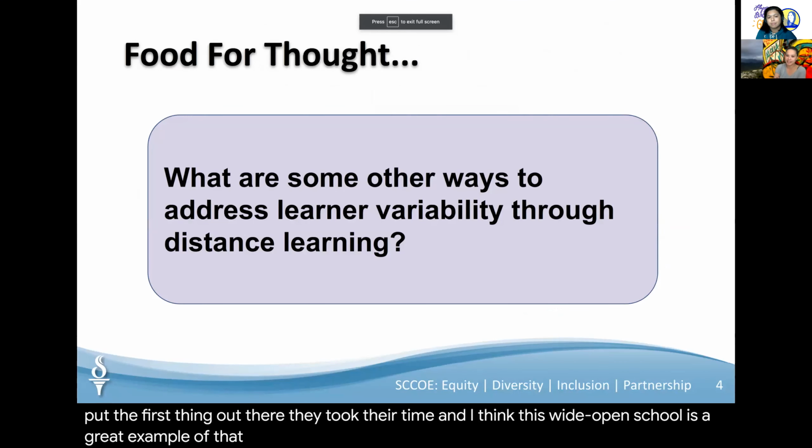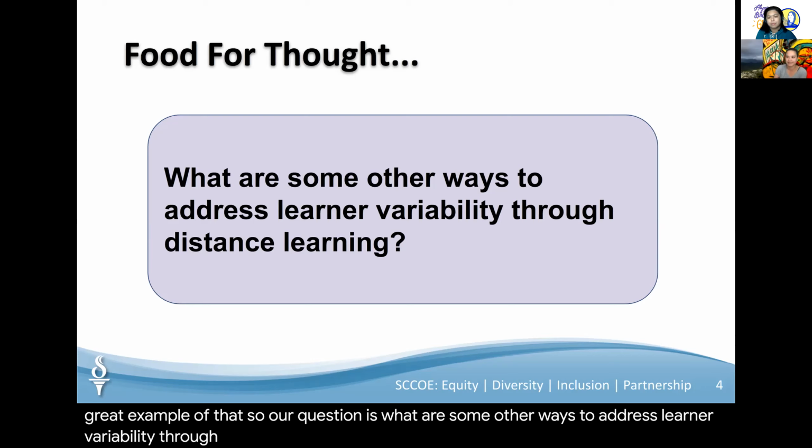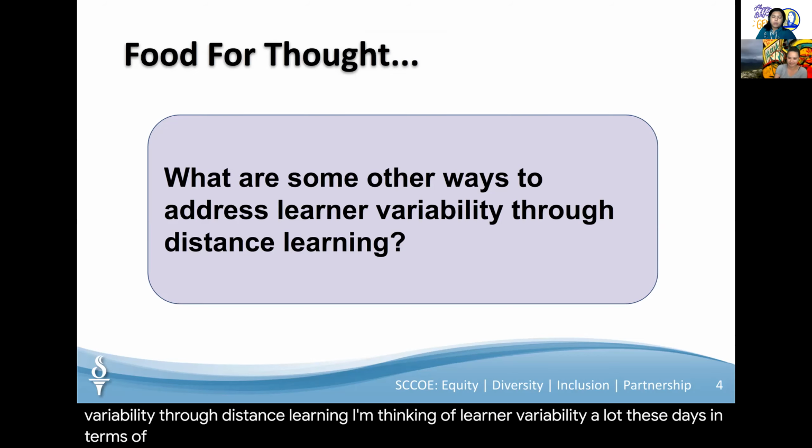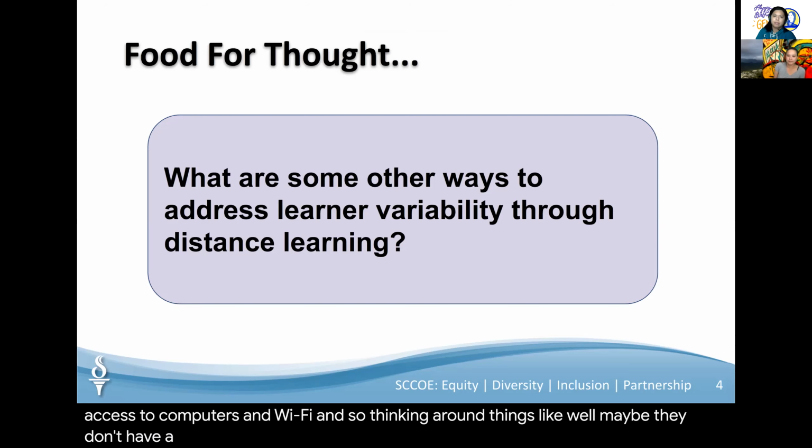So our question is, what are some other ways to address learner variability through distance learning? I am thinking of learner variability a lot these days in terms of environment, and what students have access to at home, even if they do have access to computers and Wi-Fi. Maybe they don't have paper and pencil, but they may have, I don't know, an old magazine or something.